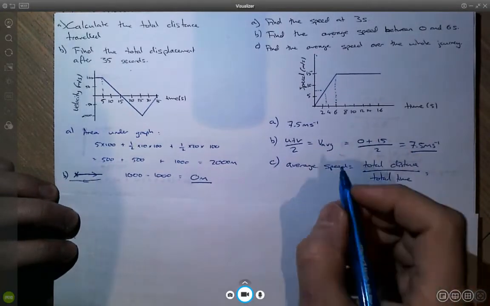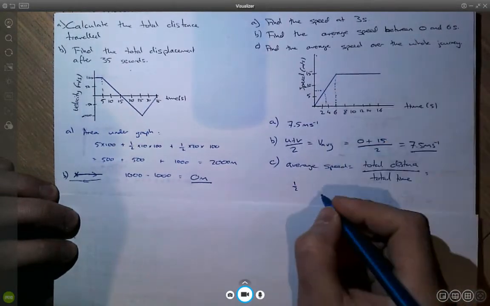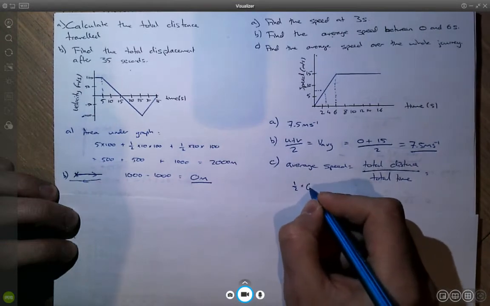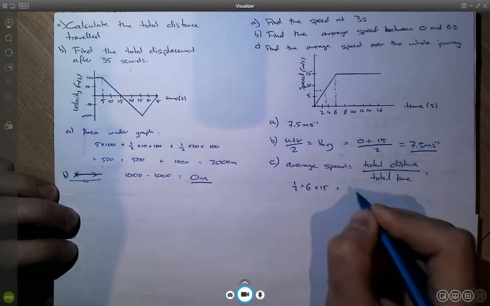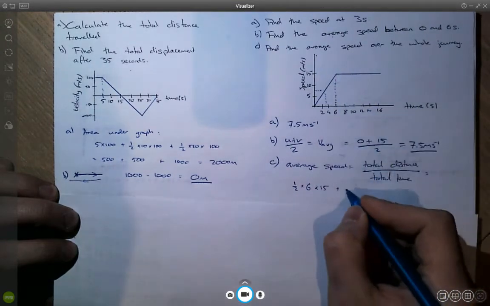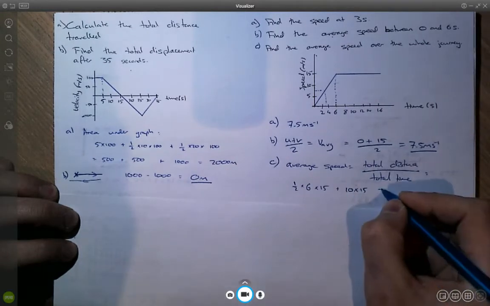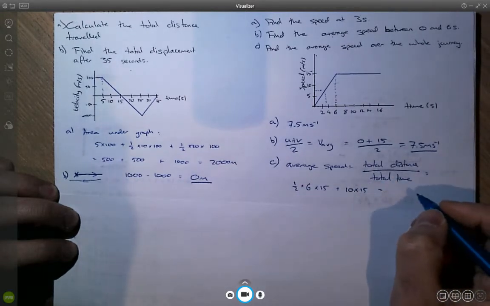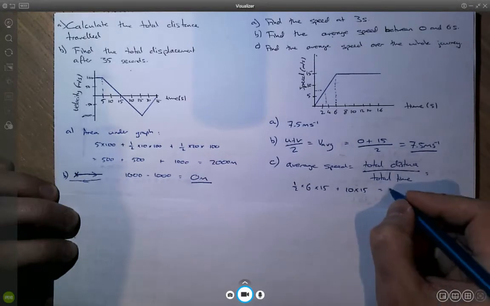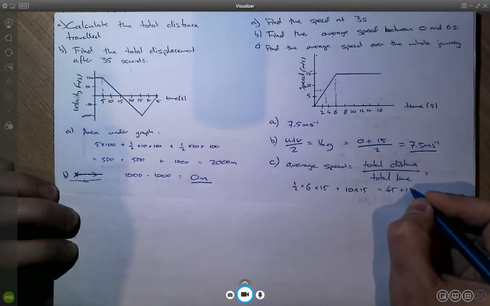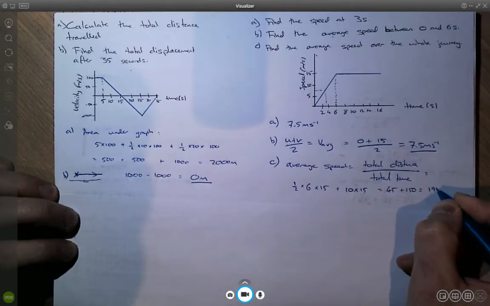So the area under the graph is the area of this triangle, which is half times 6 times 15, plus the area of this rectangle, which is 10 times 15. That's 45 plus 150, which is 195.